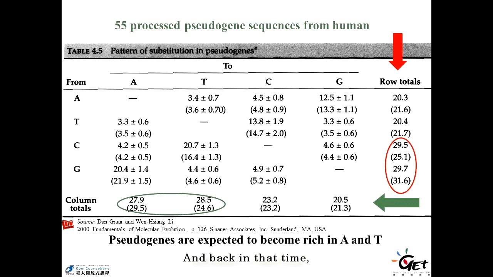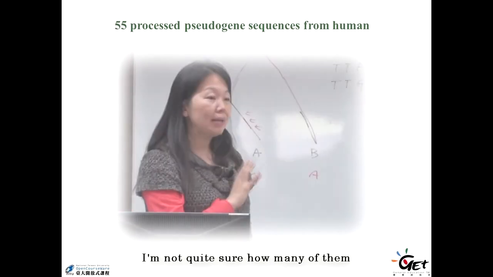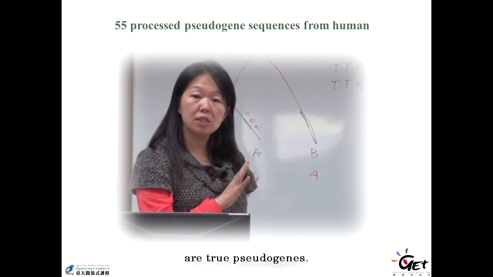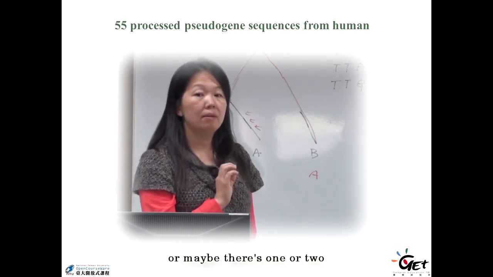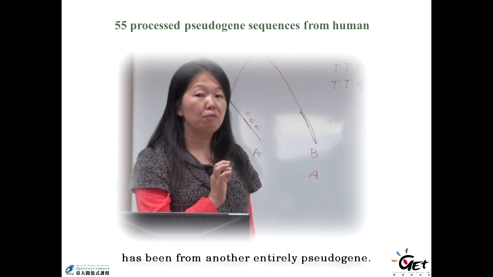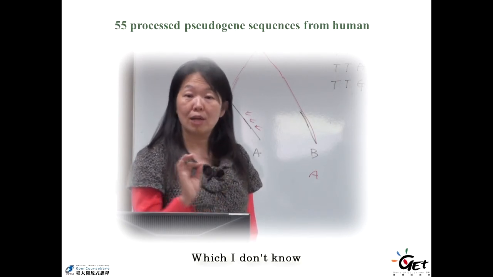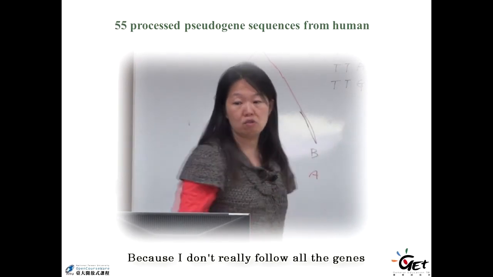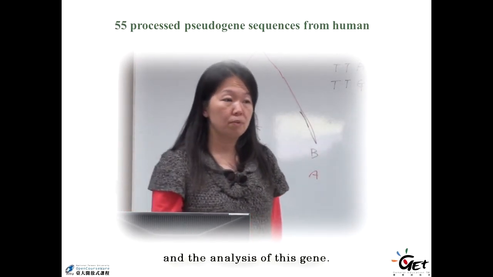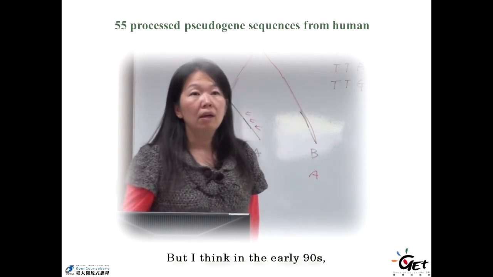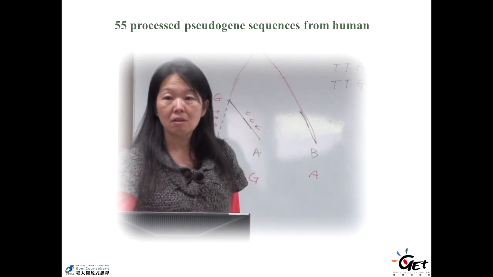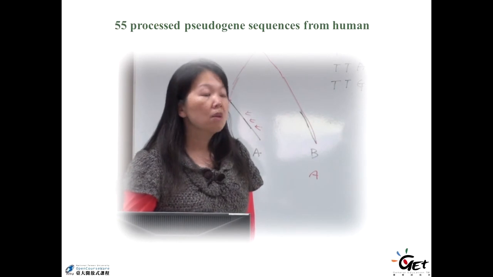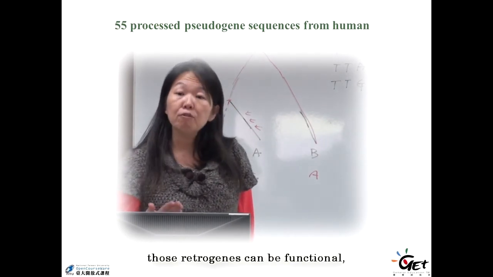And back in that time, all this type of genes were considered pseudogenes. I'm not quite sure how many of them are true pseudogenes now, or maybe one or two have been found not entirely pseudogene, which I don't know because I don't really follow the analysis of these genes. But I think in the early 90s, we started to notice those retrogenes can be functional.